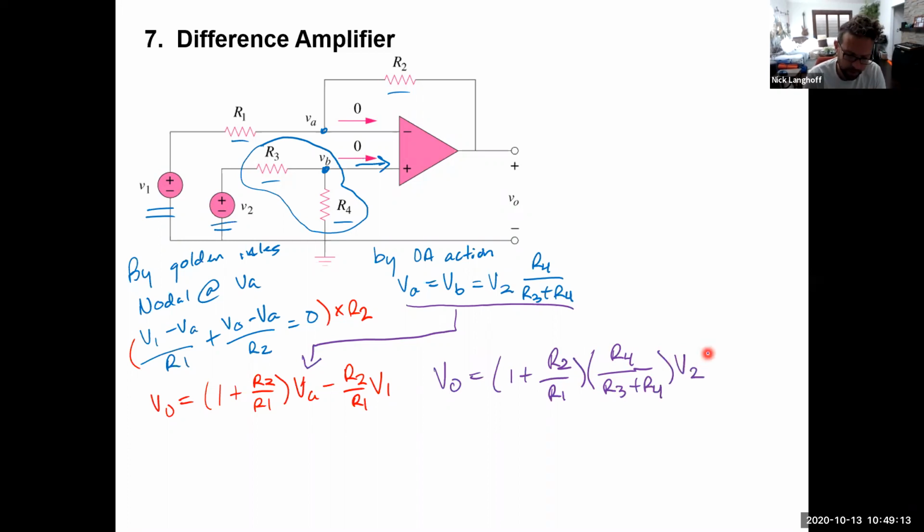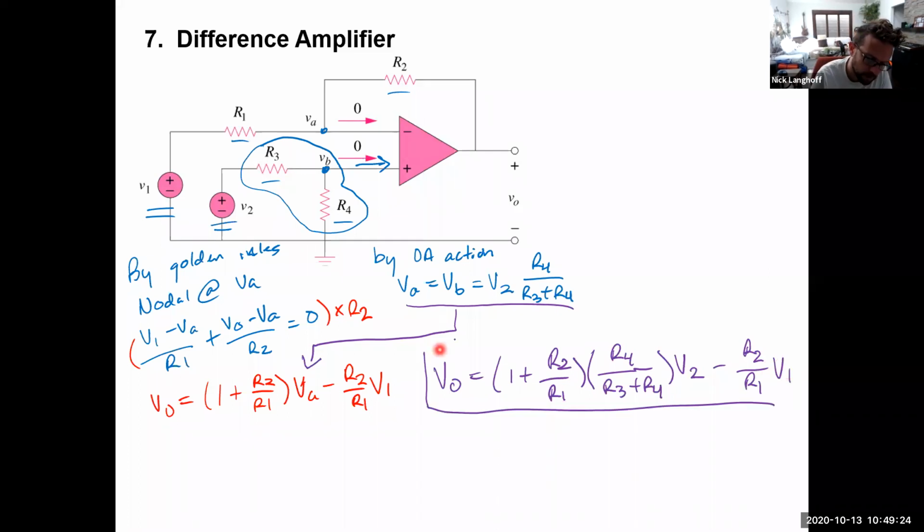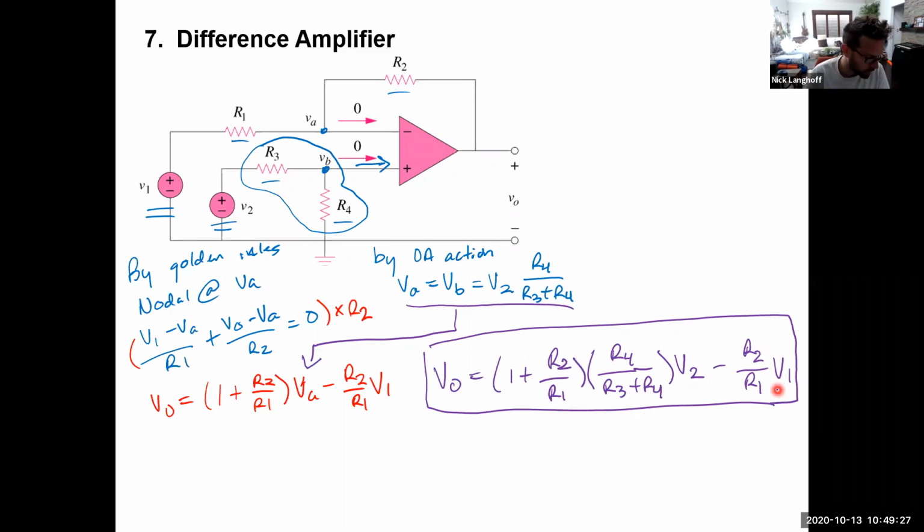Okay, that was us plugging in for VA, minus R2 over R1 times V1. All right, this is the general case.